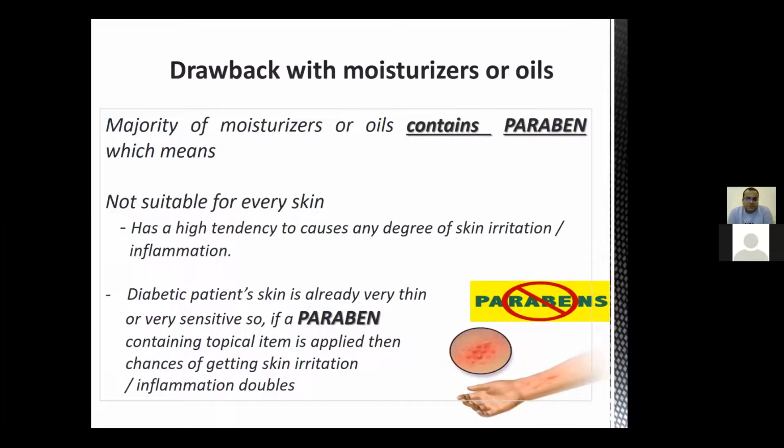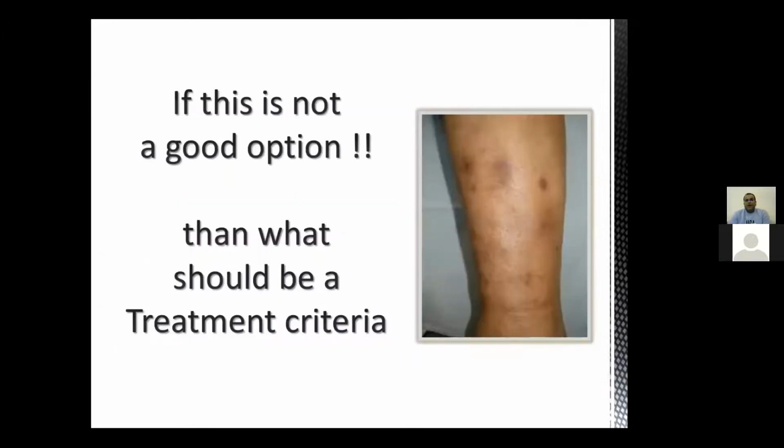A diabetic patient's skin is already very thin and sensitive. So if a paraben-containing topical item is applied, then the chances of skin irritation or inflammation double. And we all know diabetes is an inflammatory condition. All the complications are inflammatory.